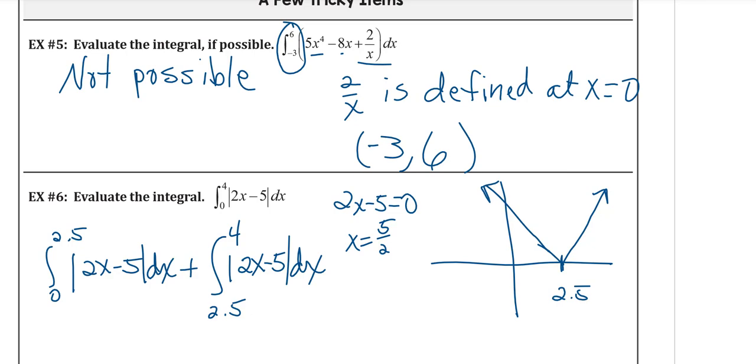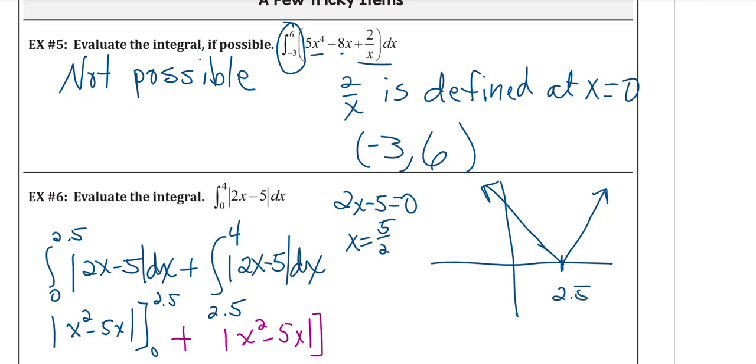So evaluating the first one, we're looking at the absolute value of x squared minus 5x, evaluated from 0 to 2.5. And let me change colors here. Plus the absolute value of x squared minus 5x, evaluated from 2.5. Let me move my page up a little bit here.